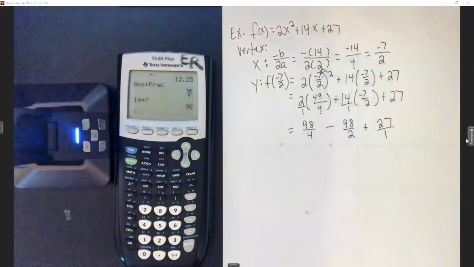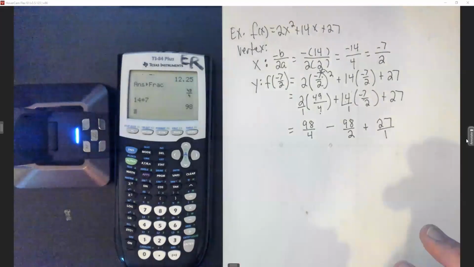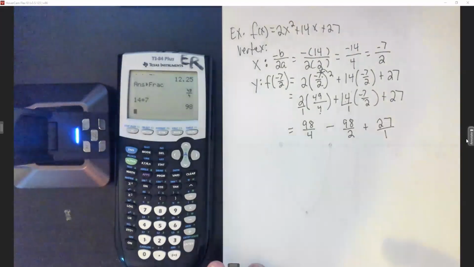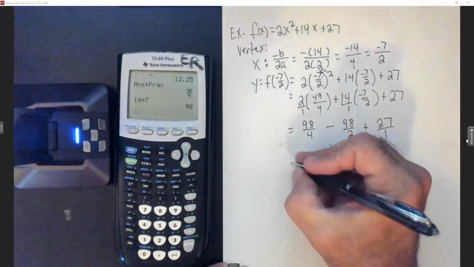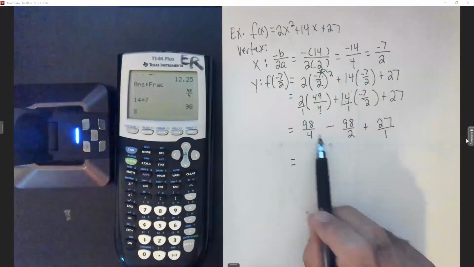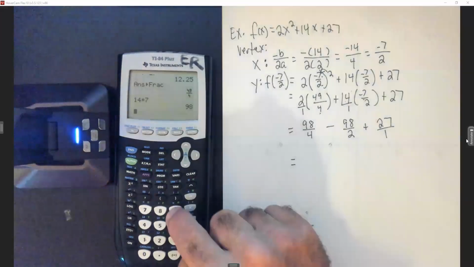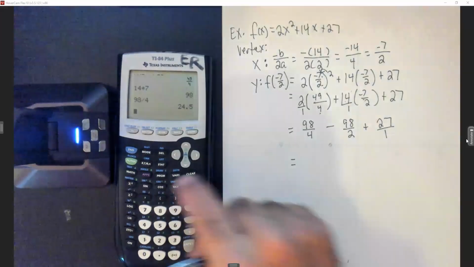Alrighty, so now in order to add these fractions, they need a common denominator, right? So what do I want to do? I can simplify this 98 over 4. Remember, I want a fraction.